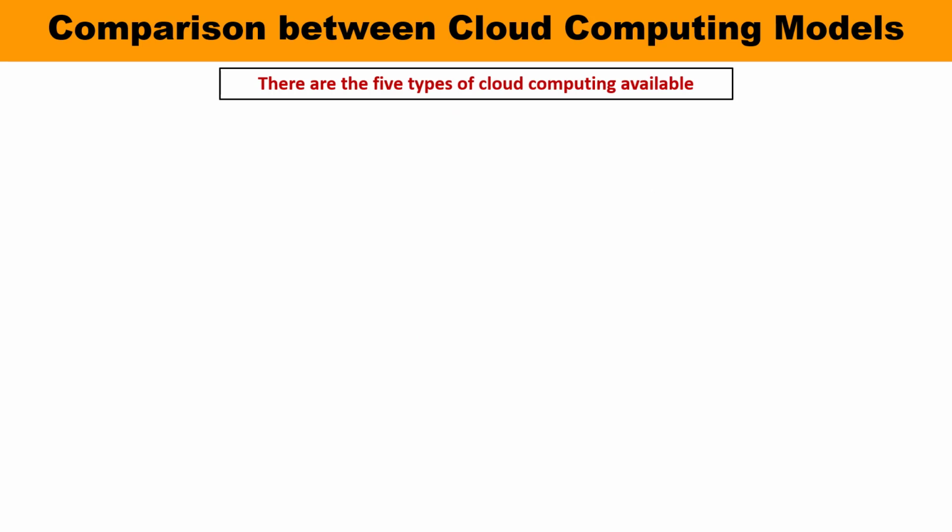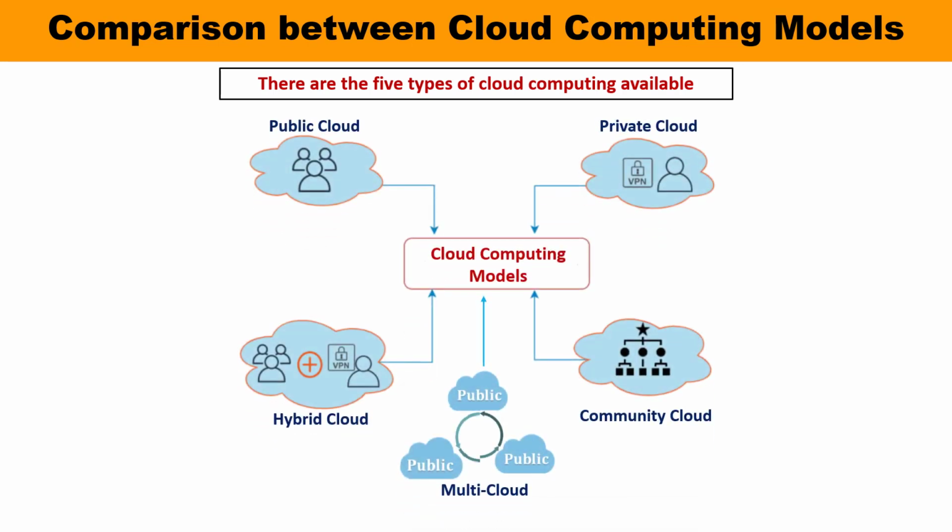As you are aware, there are a total of 5 types of cloud computing models available. As you can see in this diagram: public cloud, private cloud, hybrid cloud, multi-cloud and the community cloud. Just to give you a glimpse, public cloud is a shared platform, accessible to the general public through an internet connection.